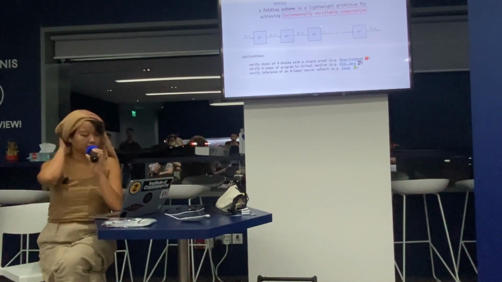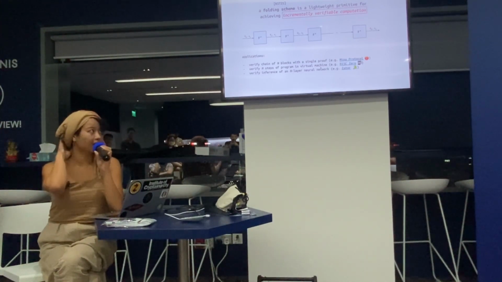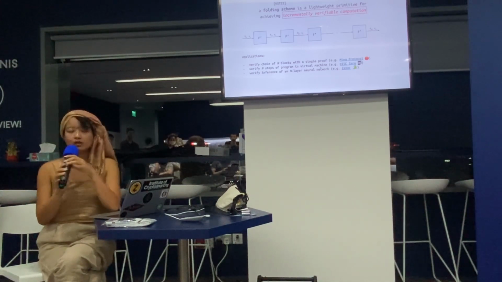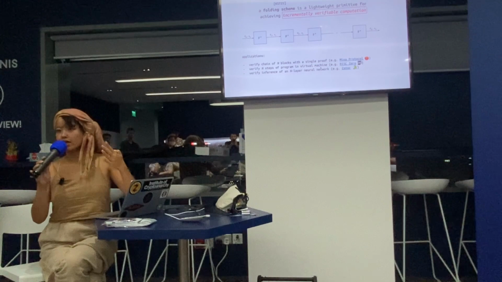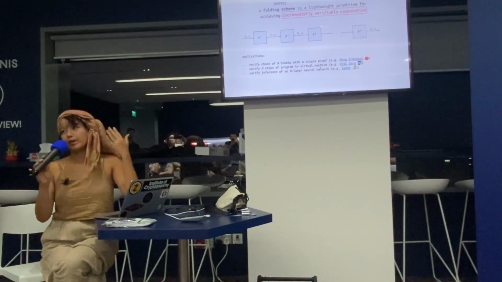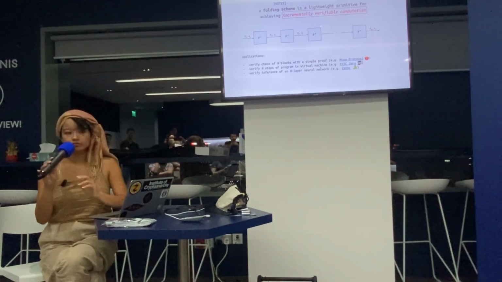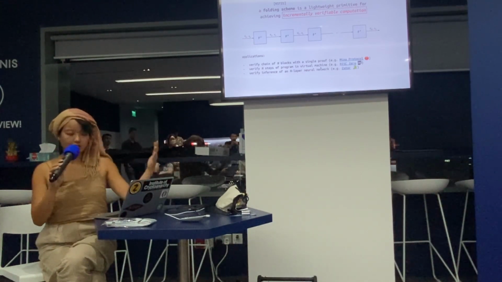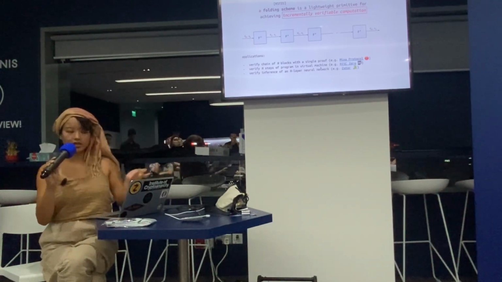And lastly, some people have been applying IVC to something called ZK machine learning, whereby you have a neural net with a very repetitive structure. Basically you can break it down into clean, self-contained layers.